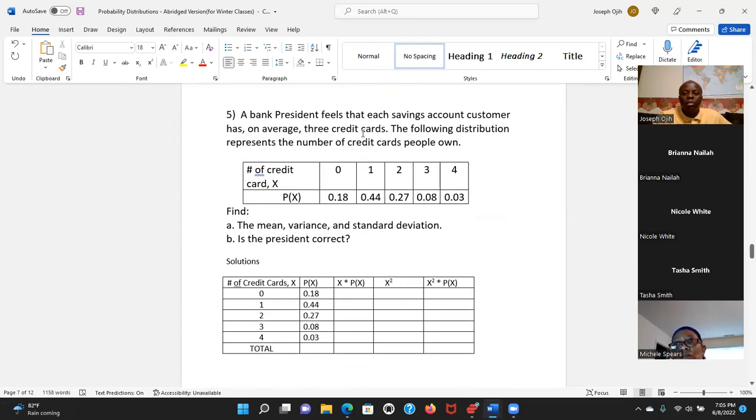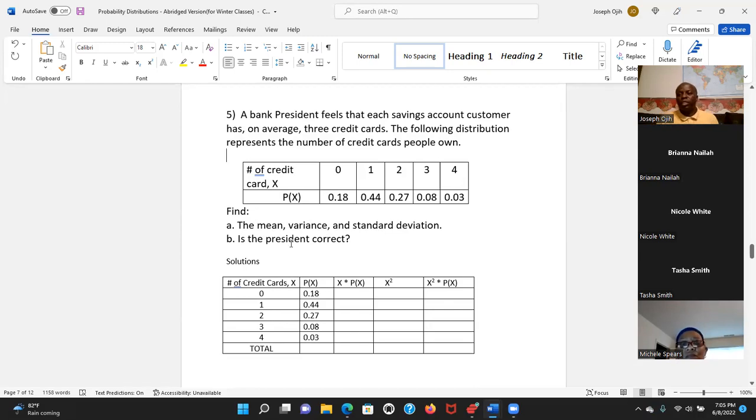So he's claiming that each of his customers that have a savings account has, on average, 3 credit cards. Now, the following distribution represents the number of credit cards that people own: 0, 1, 2, 3, and 4 credit cards, and their corresponding probabilities are given. It says find the mean, variance, and standard deviation. Part B says, is the president correct?